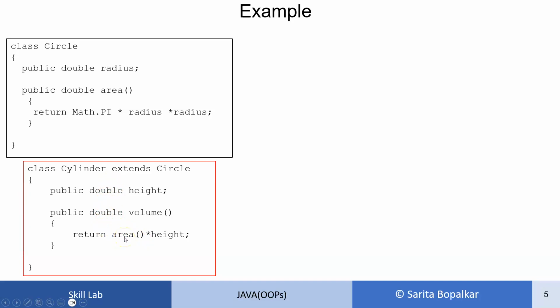Still it can be acquired from the Circle class because of inheritance. So class Cylinder extends class Circle, which means we can acquire all the properties of this base class Circle into the Cylinder class. So the Cylinder class is the child class and the Circle class is the parent class or base class here.